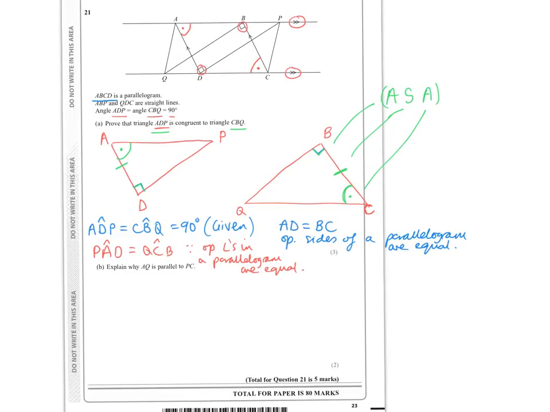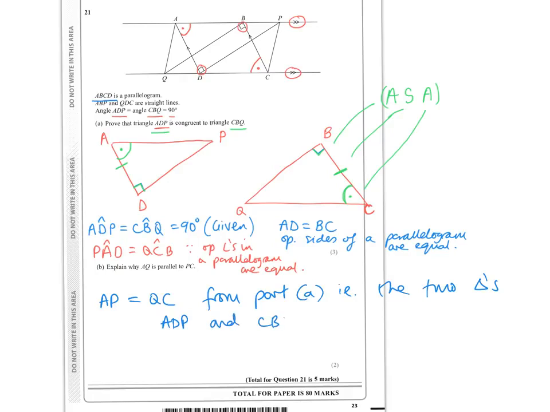Now, for this question, I would refer to part A. So I would start by saying AP is equal to QC from part A, i.e. the two triangles ADP, it's a lot of writing but you've got to do it, and CBQ are congruent. So where's AP? There it is. And QC is here.